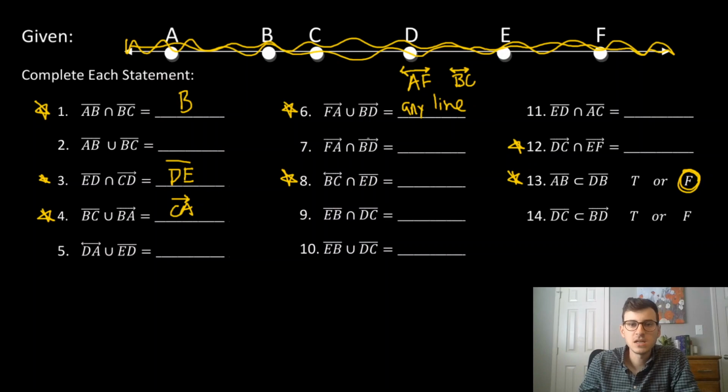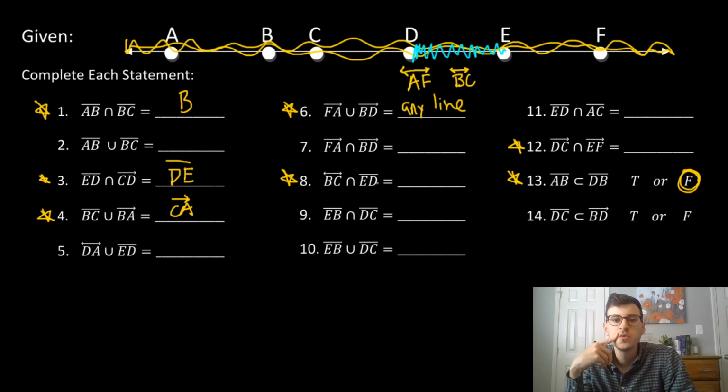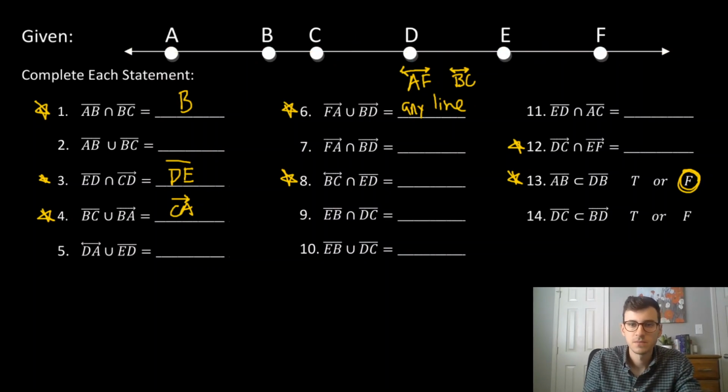And segment ED is this segment right here. We're taking the intersection of those two. So remember, it's where they overlap. So the intersection of line BC and segment ED is just that segment ED.